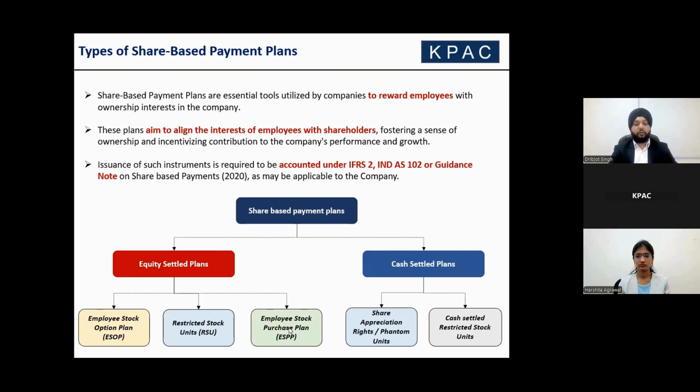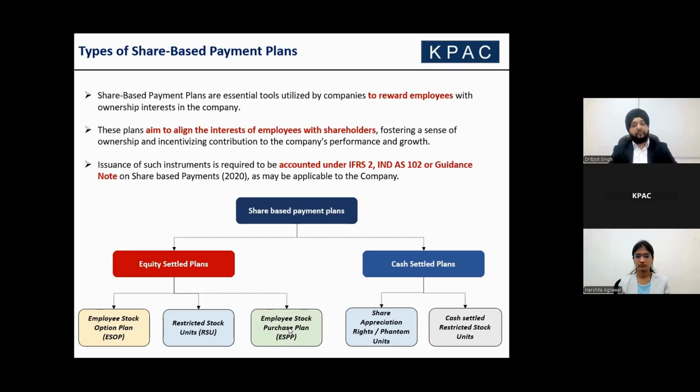There are mainly two broad categories of share-based payment plans. The first one is equity settled, wherein we have ESOPs, which allow employees to purchase company shares at a predetermined price after a vesting period.